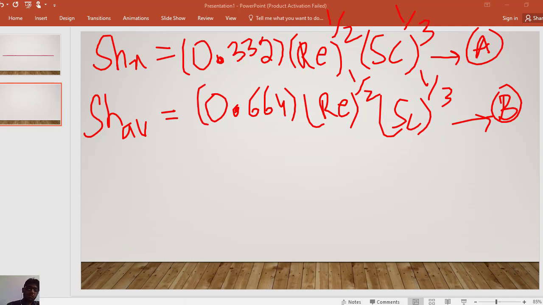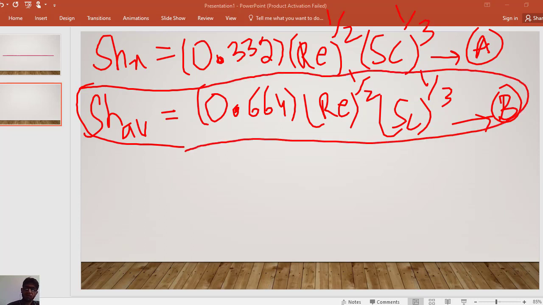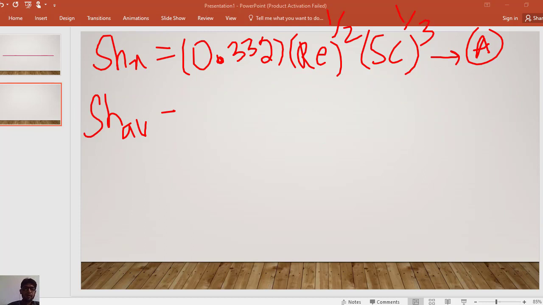Now we are going to show how equation number B is obtained from equation number A. So let's prove it.